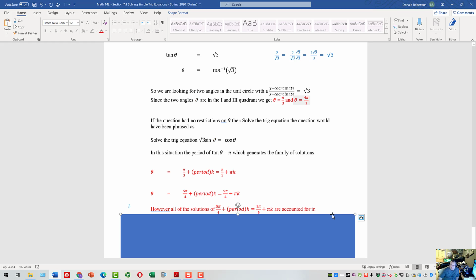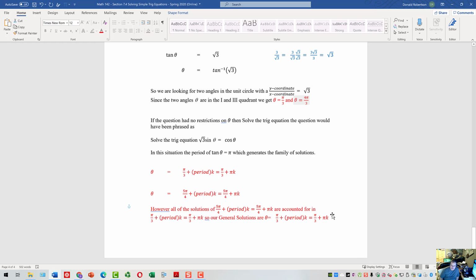But there is a little problem here. If you look at all the solutions that you get from here, do you know they're already inside here?